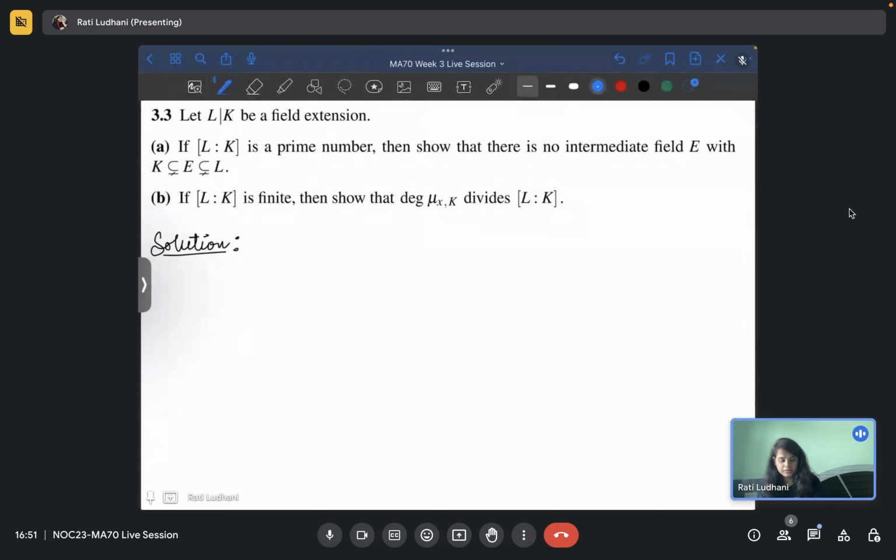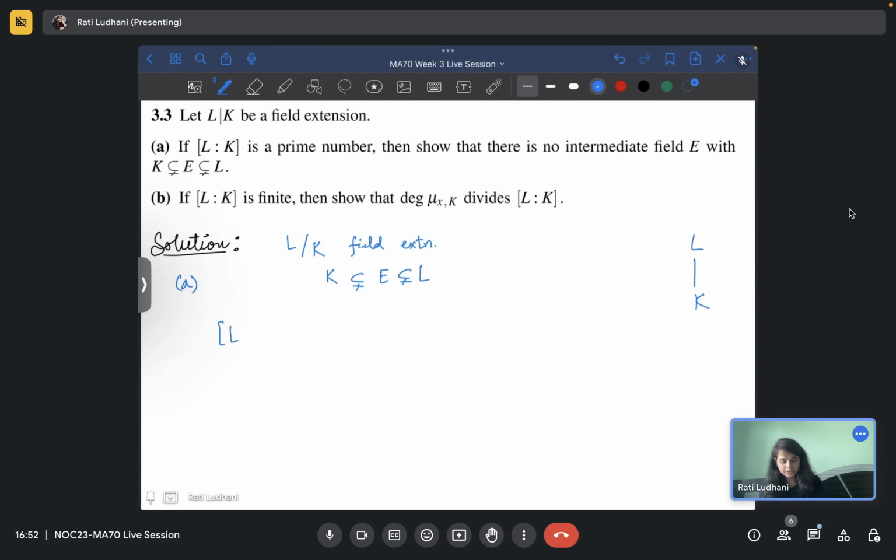Let L over K be a field extension. If [L:K] is a prime number, then show that there is no intermediate field E with K subset of E subset of L. So you have three fields, K, E and L. So these are fields we are talking about.